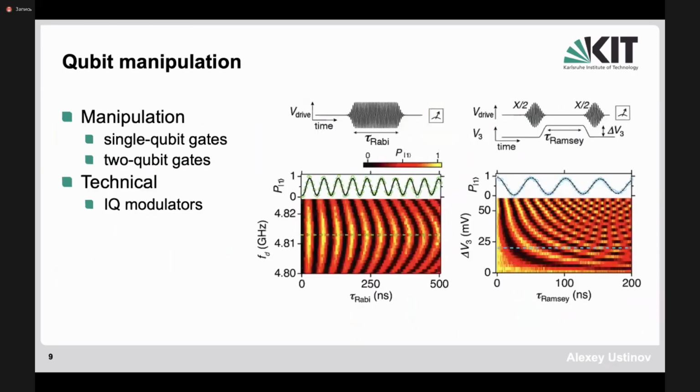Now, how to do it? You typically manipulate the qubit by microwave pulses. You apply microwave at the frequency of transition between the energy levels of the qubit, between 0 and 1. And then if you apply continuous microwave, initially the qubit is in the 0 state, the qubit will undergo Rabi rotations between 0 and 1, and they will continue forever.